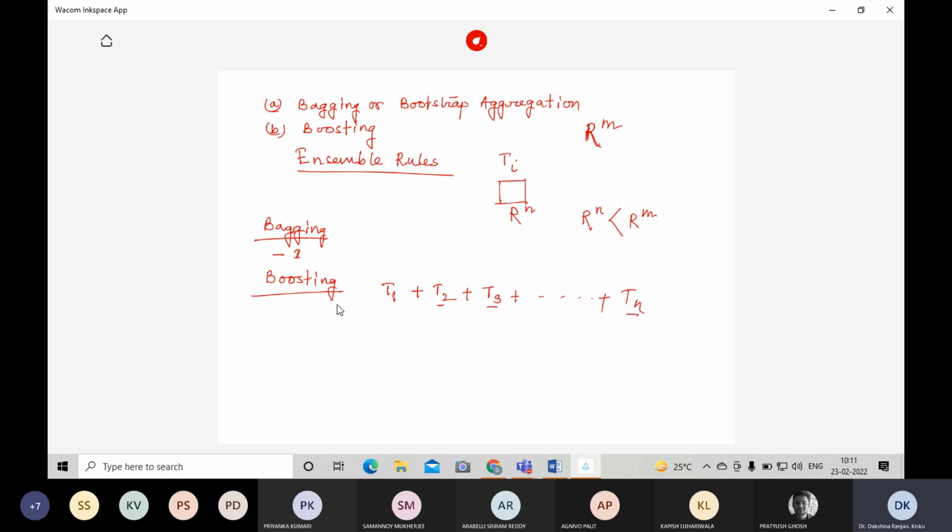Now we do not take the linear combination of these decision trees, but we take the weighted combination. That means first we generate the output of each individual decision tree from T1 to Tn, then with every outcome we associate a weight, and this weight is determined according to the strength of the decision trees.